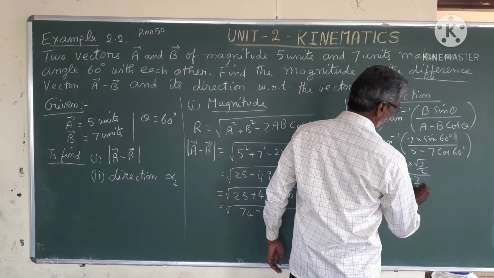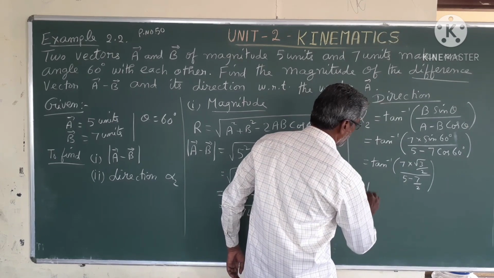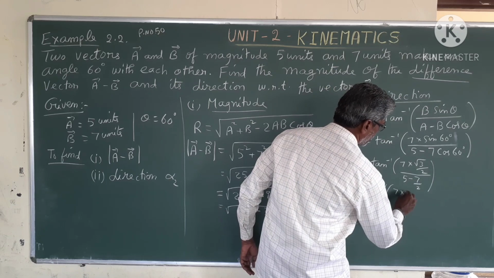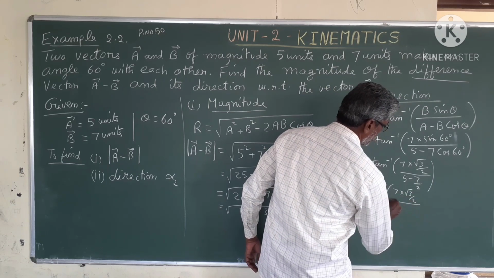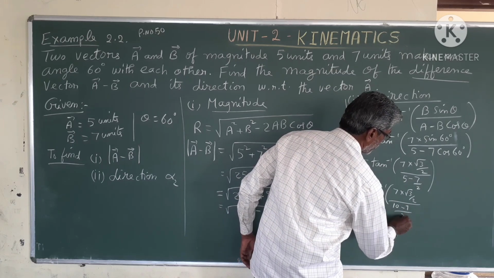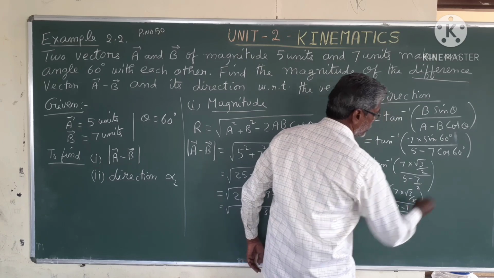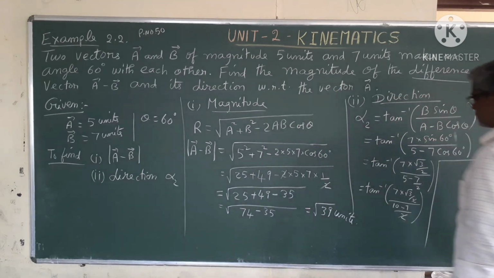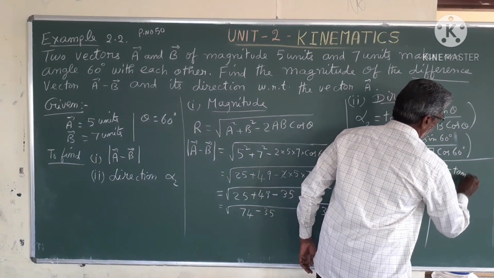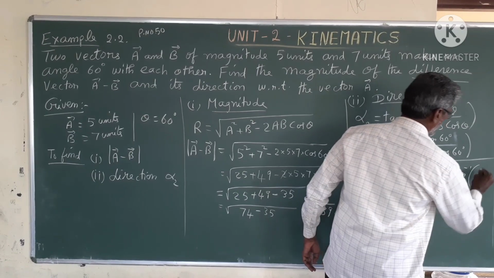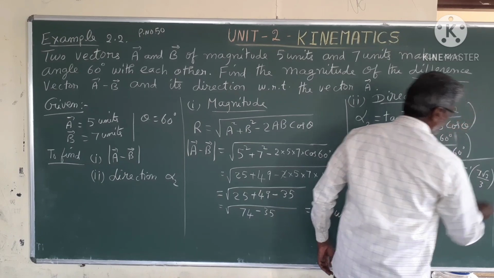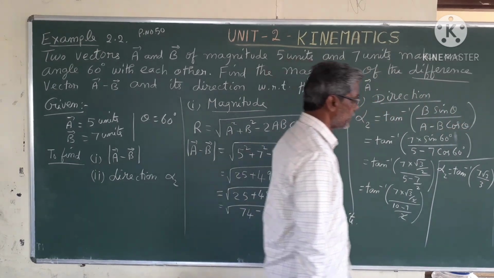So I can write it as 7 by 2. So tan inverse of 7 into root 3 by 2. We are going to find out the LCM and get 10 minus 7 by 2. This 2 and 2 will be cancelled. So I can write alpha 2 is equal to tan inverse of 7 root 3 divided by 3.